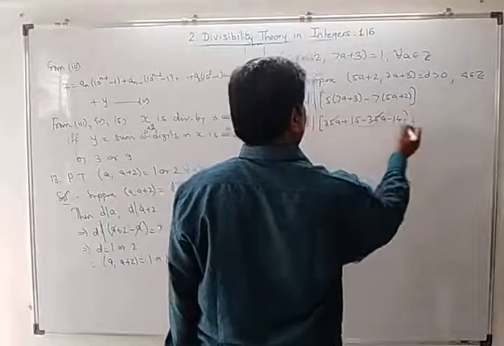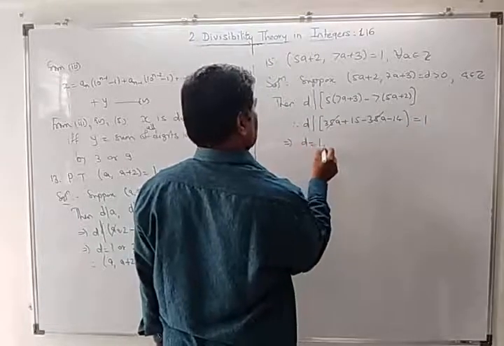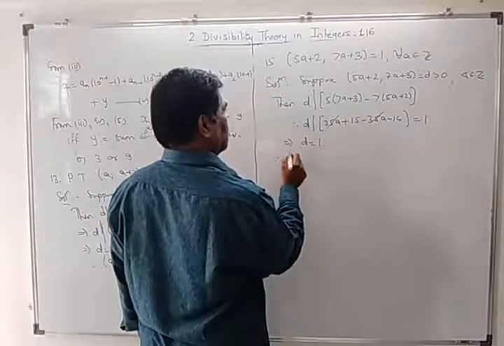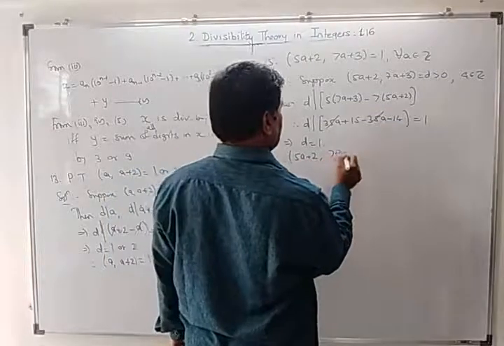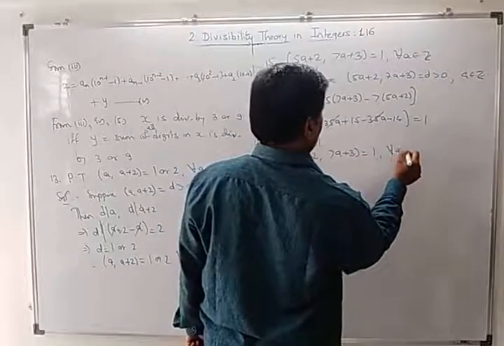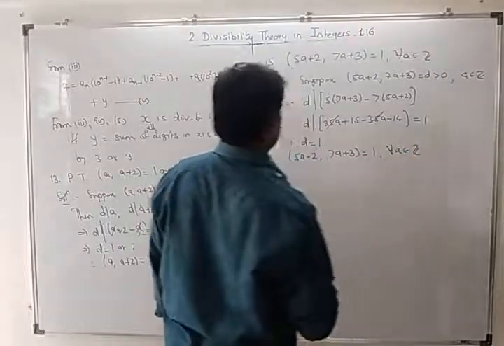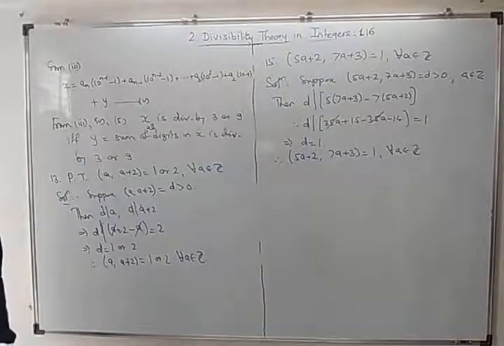This gets cancelled, which is equal to 1, implying d is equal to 1. Therefore the GCD of 5a plus 2 and 7a plus 3 is equal to 1 for any a belonging to Z.